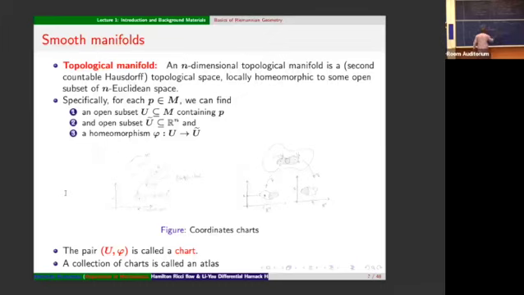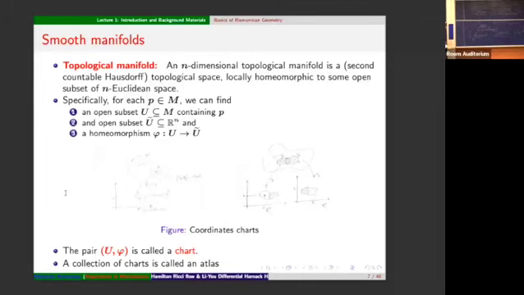You can create as many charts as you want, and the collection of these charts is what is called an atlas. If you have a finite union of these U alpha, where alpha is from a finite set, and they give M, then we say M is a topological space. This is very, very important.